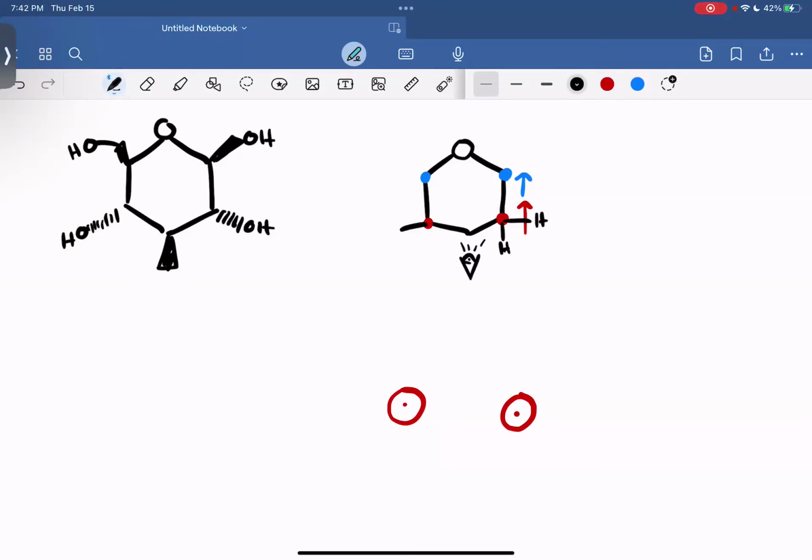We have two hydrogens, and then we have this CH2 group there. So we'll draw that. And we have a hydrogen and another hydrogen, and another hydrogen and another hydrogen.